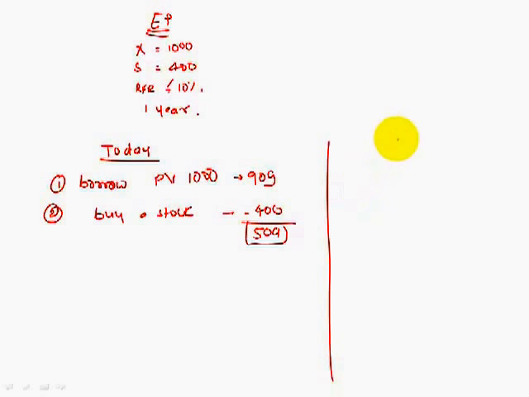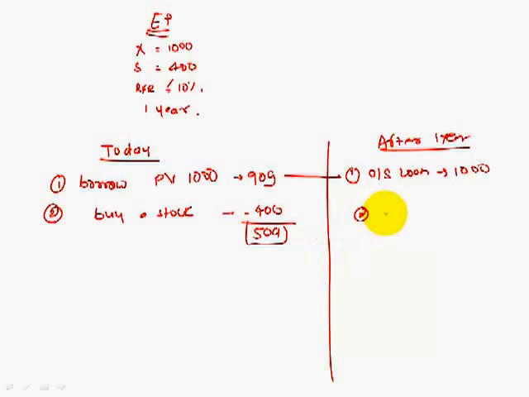Let's see what happens after 1 year. After 1 year, this outstanding loan has become how much? 1000. So you are supposed to pay 1000. Do you already own a stock? Yes, you have that stock that you purchased last year. Do you have a put option? Yes.